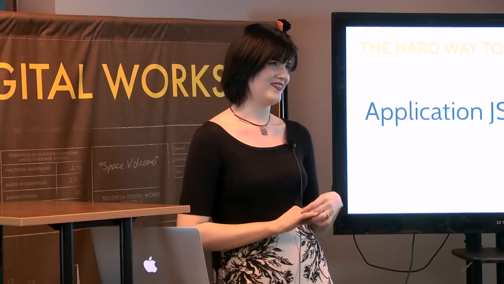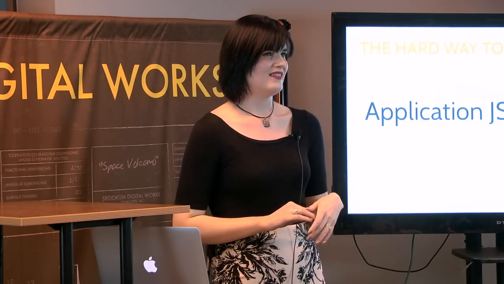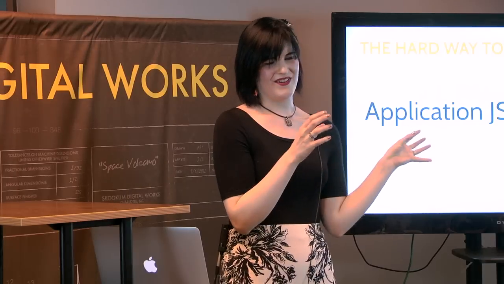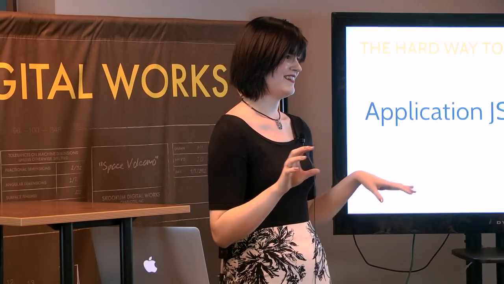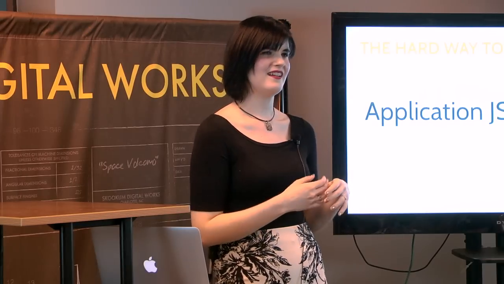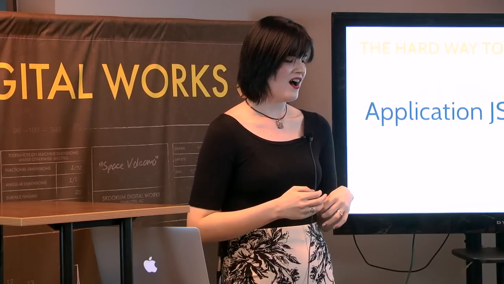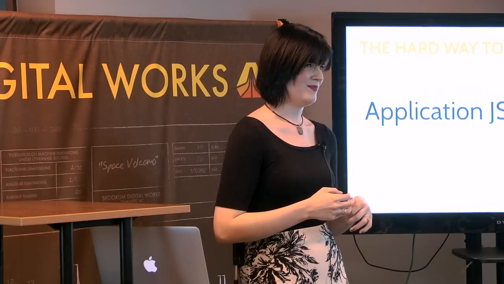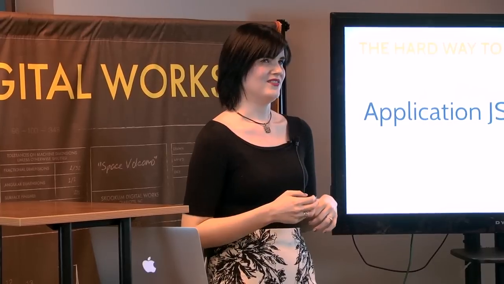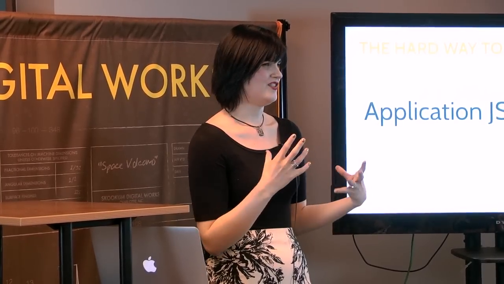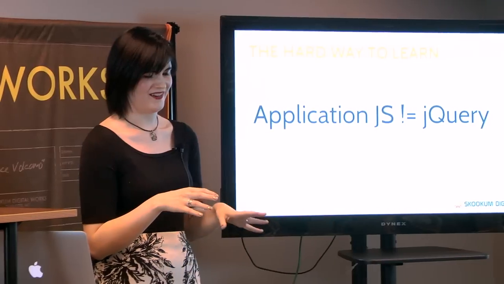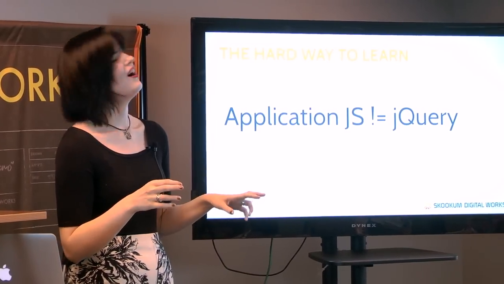So I really learned the hard way that knowing jQuery and knowing how to show and hide things is a lot different than writing application.js. The first single-page app I tried to build, I wasn't using a build or packaging system or a static site generator or anything like that.